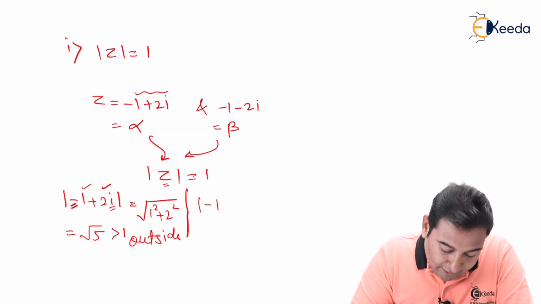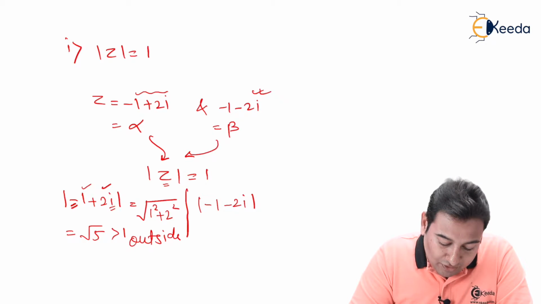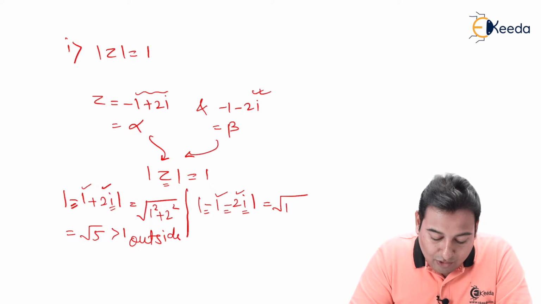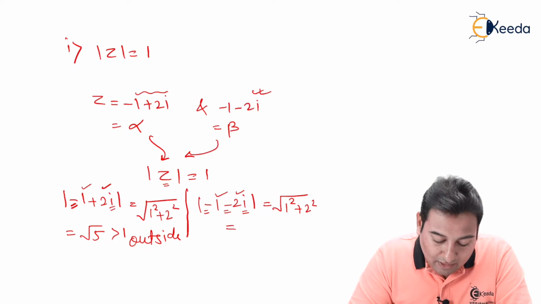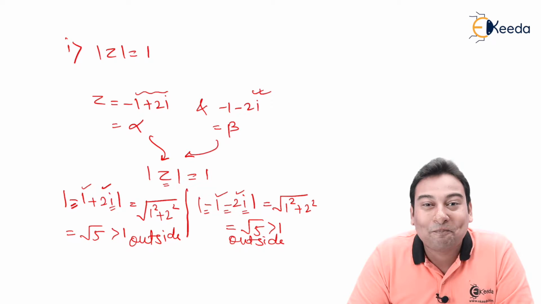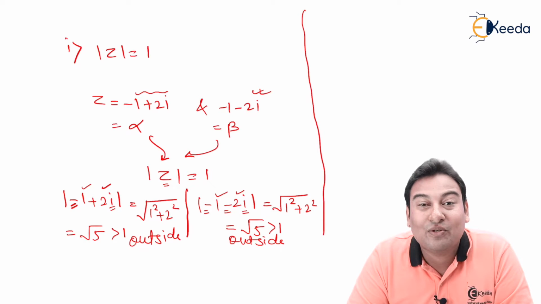Again, the second point: if you put this particular point, it is equal to root of 1 square plus 2 square, we don't consider the i, again root 5, which is greater than 1, again outside. So friends, both the points are outside, then what? Since both the points are outside, we need not find residues at the poles.